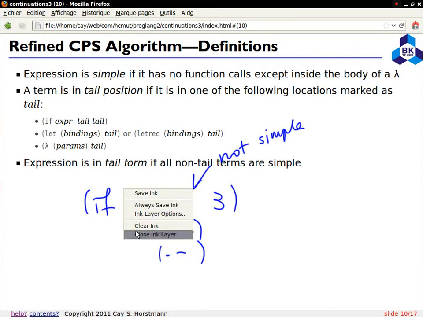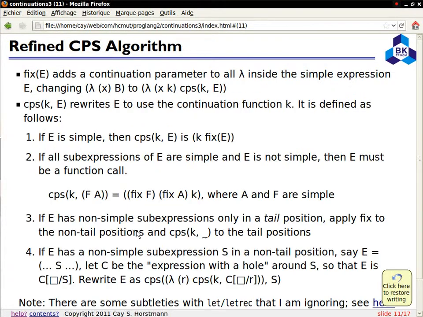So with those definitions, we now have this refined algorithm, and I've tried to strip it down to the basics. There's some complexities with letrec. You're actually going to be implementing that one in the next homework, and it's reasonably practical.